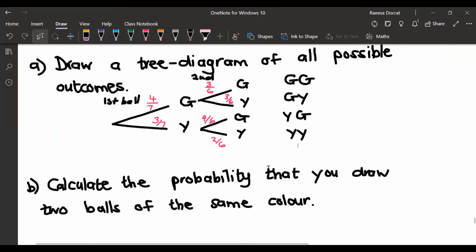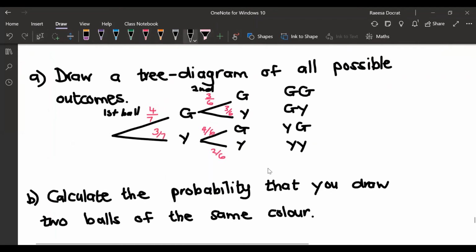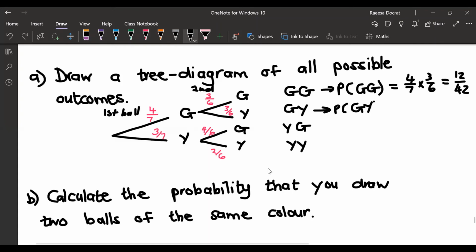So let's actually first calculate those probabilities. Let's say we wanted the probability of green, green. That's equal to 4 over 7 times 3 over 6, so it's 12 over 42. The probability of green, yellow is 4 over 7 times 3 over 6, so again it's 12 over 42.